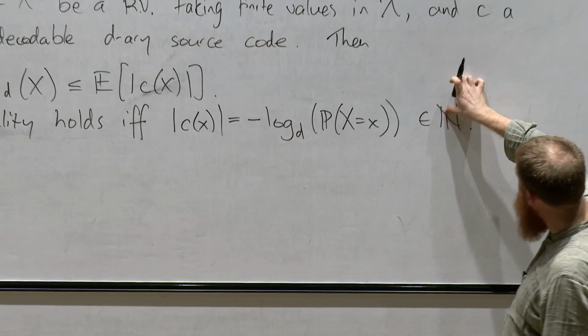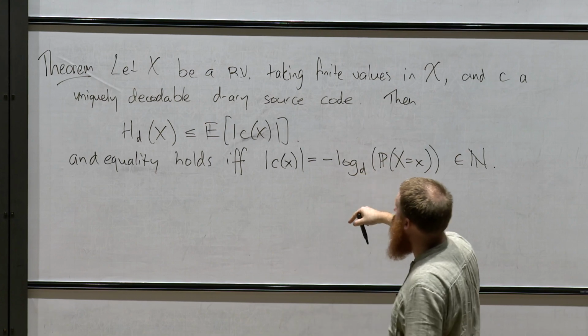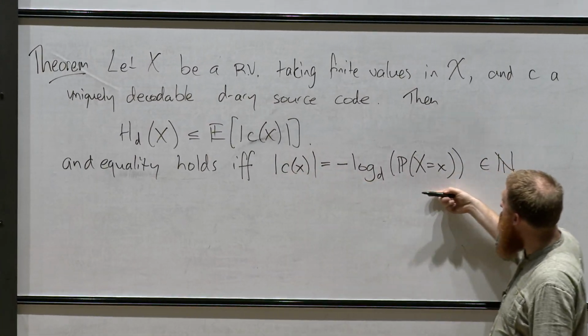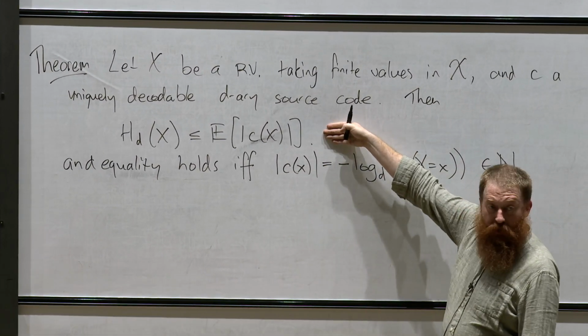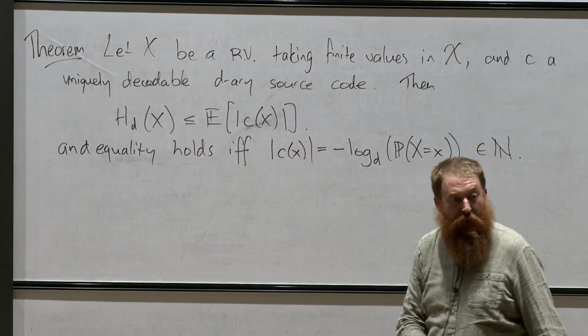So if you have this, then you get an equality here. Otherwise, you know that the entropy is always a lower bound on the expected code word length.